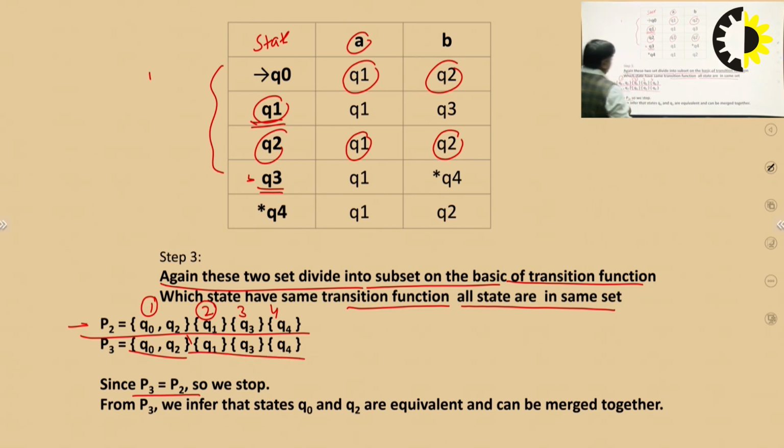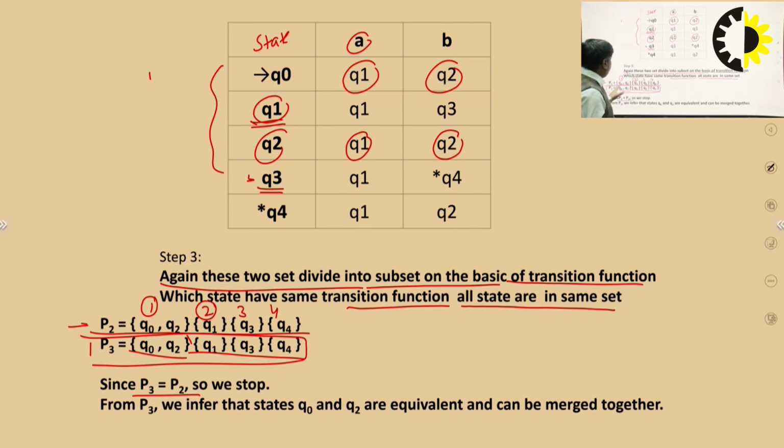Now again there is no further checking because it is a single set. It is not further divided. Q3 is not, Q4 is not. Now this is your final answer. It means Q0 and Q2 form a single set, Q1 is another state, Q3 is another state, and Q4 is another state.